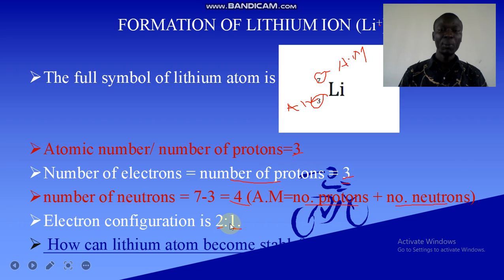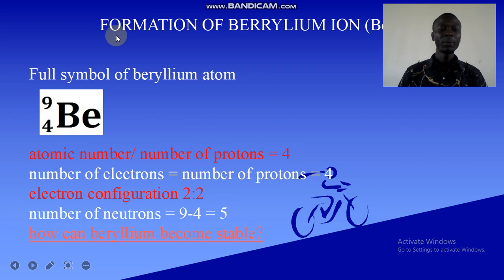Let's look at another example of how a cation is formed using the formation of the beryllium ion. Now, the beryllium ion carries a positive 2 charge. How is it formed? First of all, the full symbol of beryllium is this, capital B, lowercase e, and on the top left-hand corner we have a figure representing the atomic mass, which is 9.